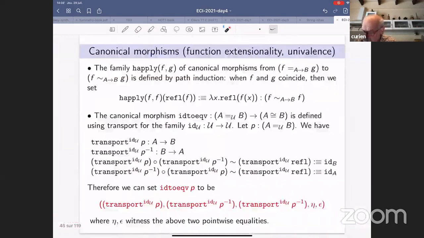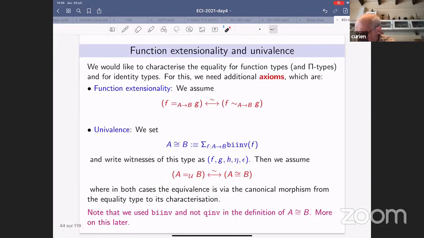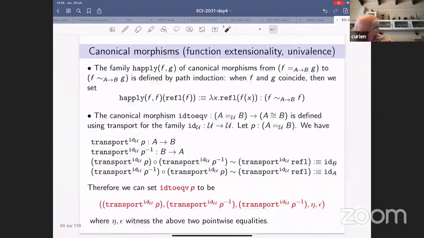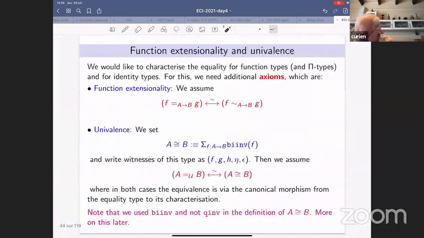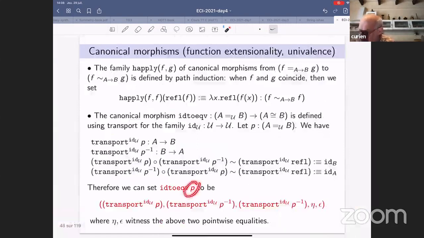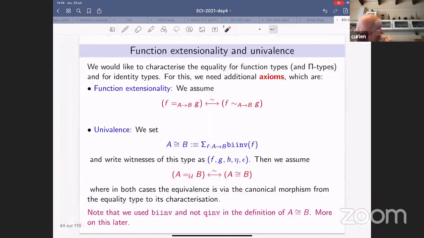So I might review here shortly how we define this map. This canonical map, called idtoeqv here, should turn a proof P of equality A equals B into a quintuple like this one.